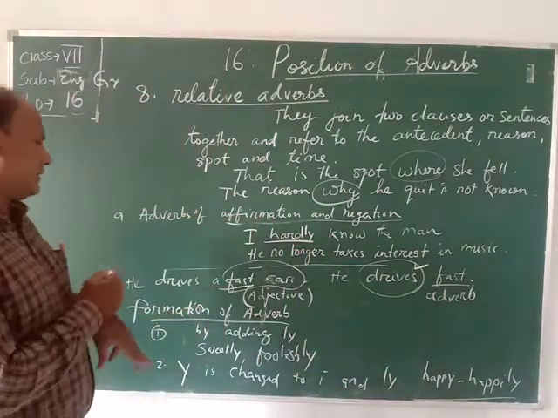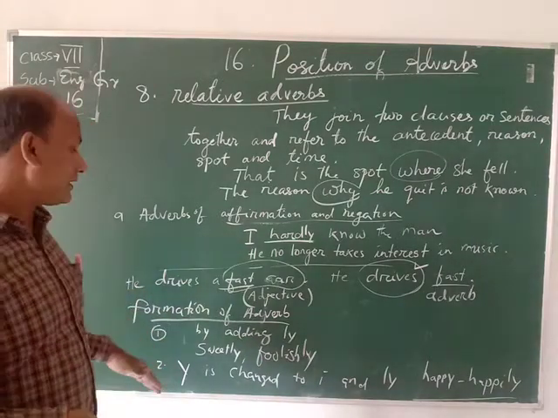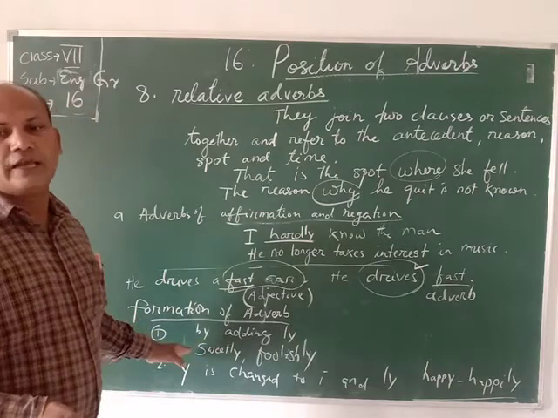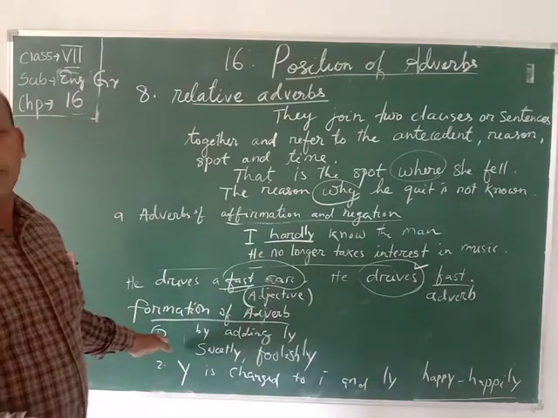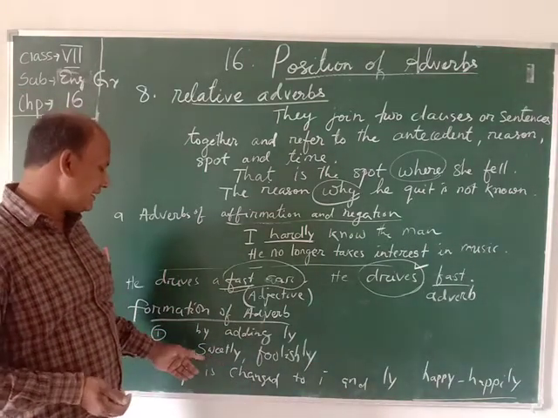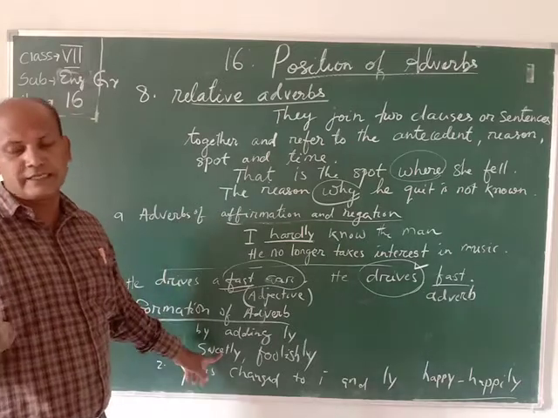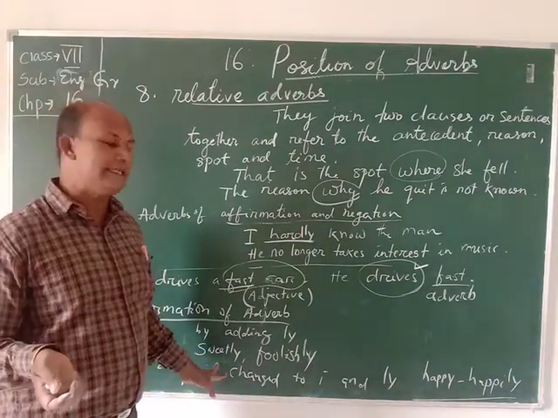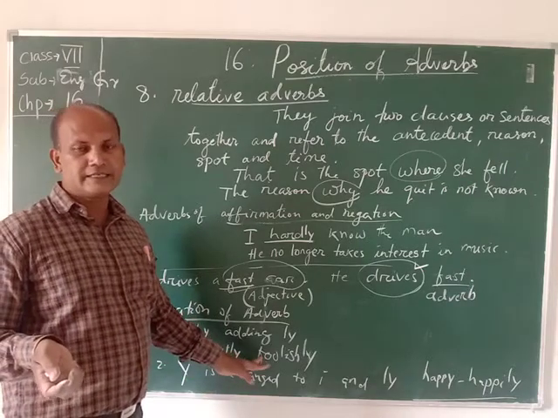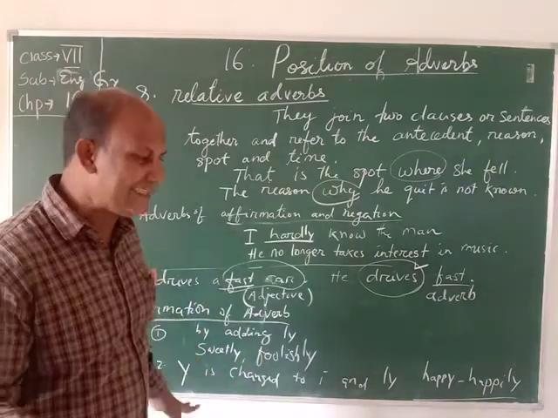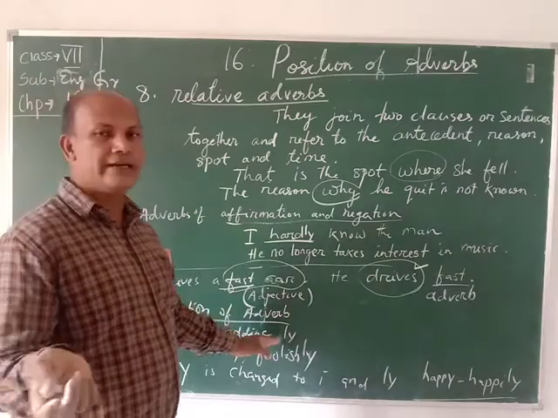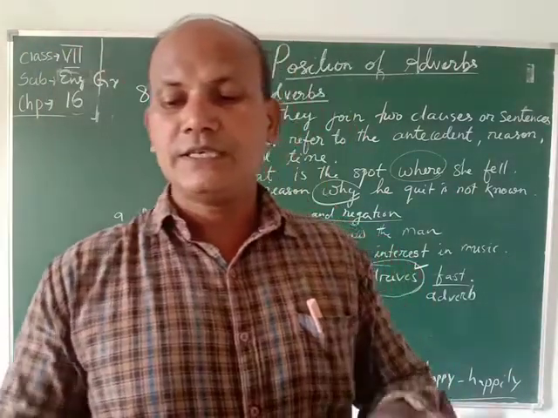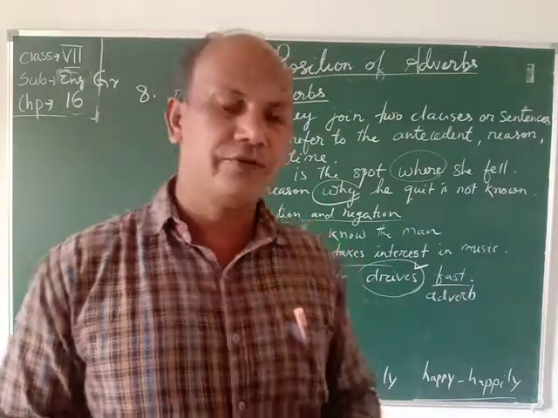Formation of adverbs: how we can make adverbs from different words. Most adjectives can be changed to adverbs. Sweet is an adjective, but by using ly, sweetly. Polite adjective plus ly, politely. By adding ly, an adjective can be changed into an adverb.